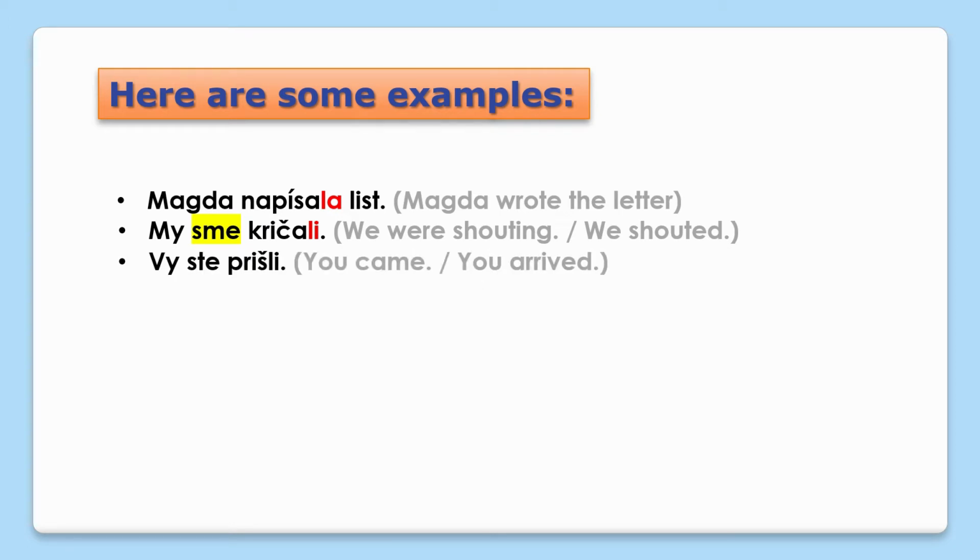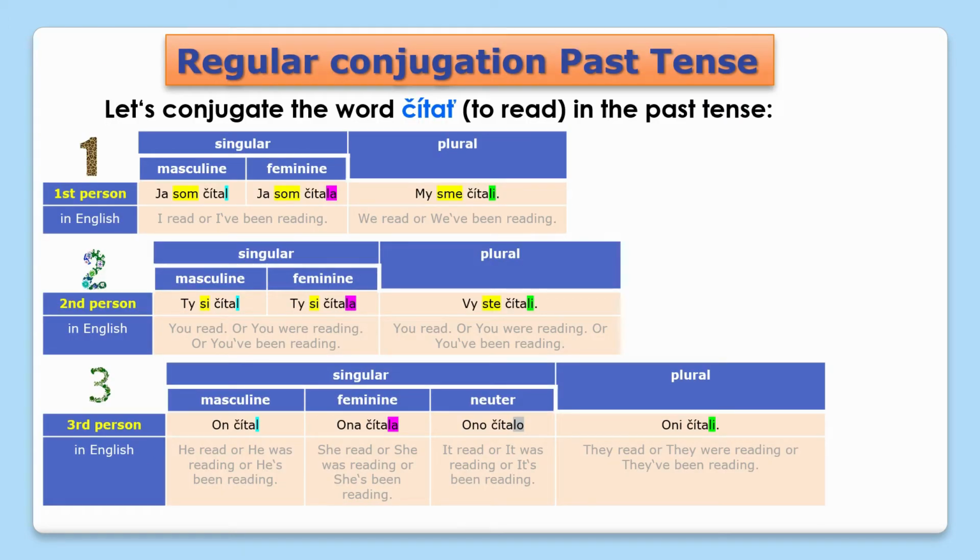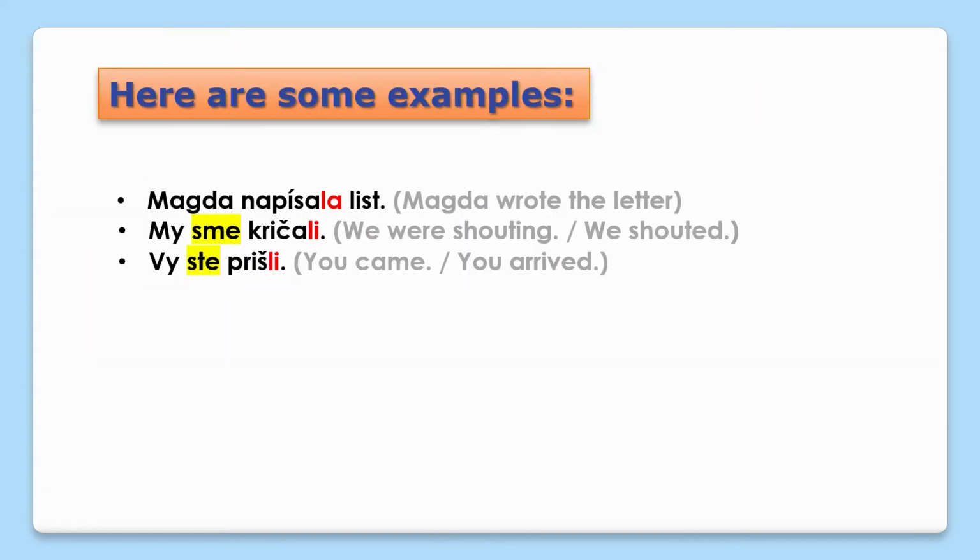Vy ste prišli. So we know it's second person plural. We need to use li and the auxiliary verb ste. Vy ste prišli.